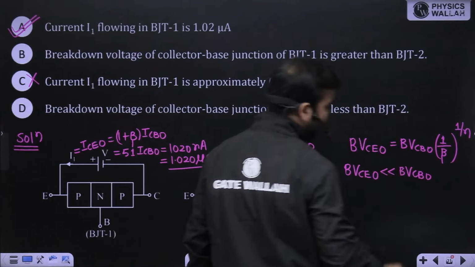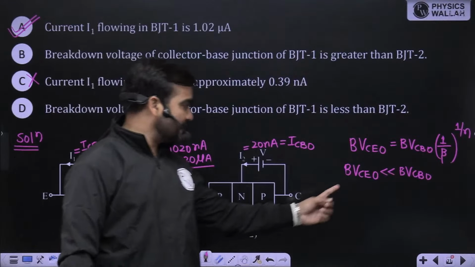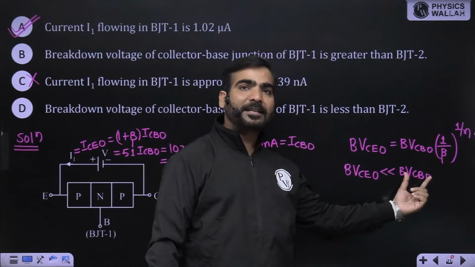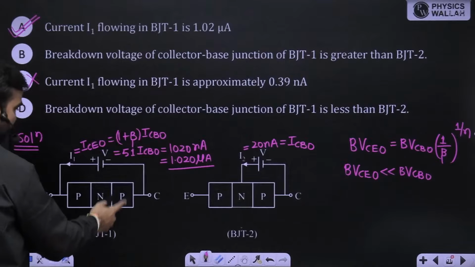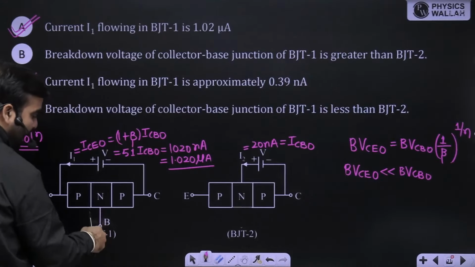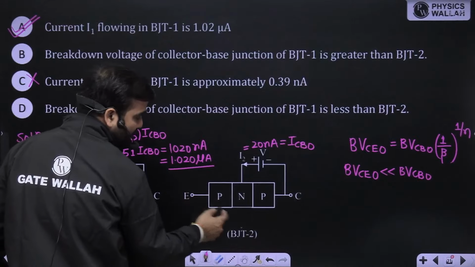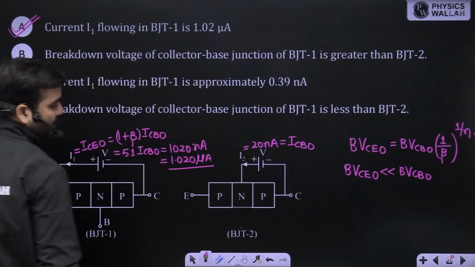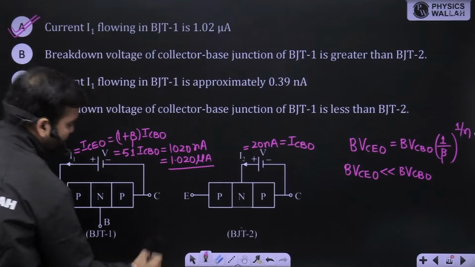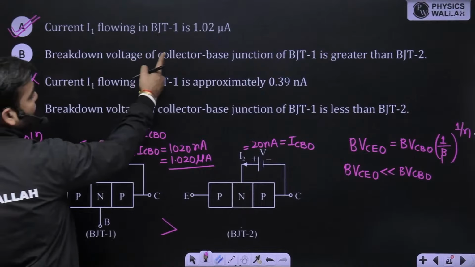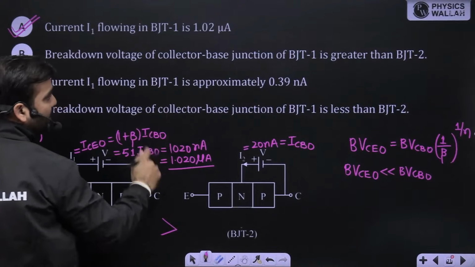Meaning the breakdown voltage when the base is left open is small, and the breakdown voltage when the emitter is left open is more. So in this case the base is left open, so BJT 1 will have more breakdown voltage, and BJT 2, when the emitter is left open, will have less breakdown voltage. So the breakdown voltage of the collector base junction of BJT 1 is greater than BJT 2.